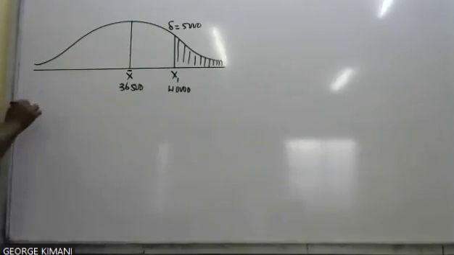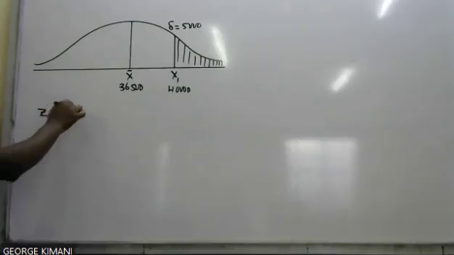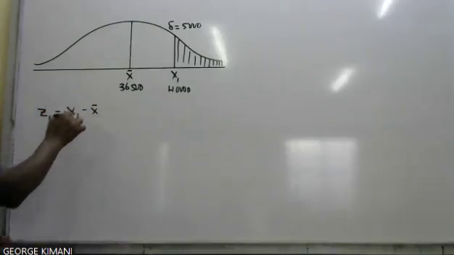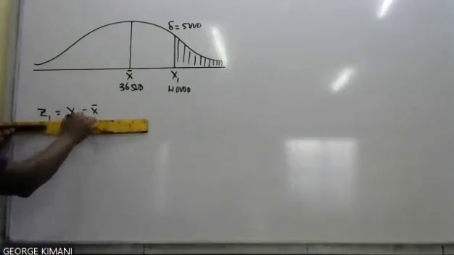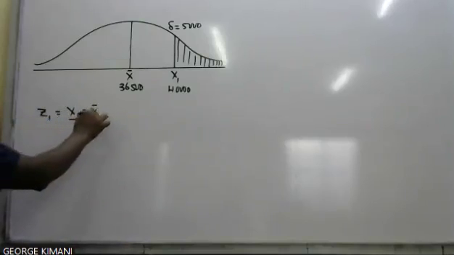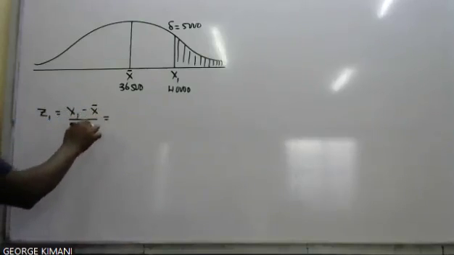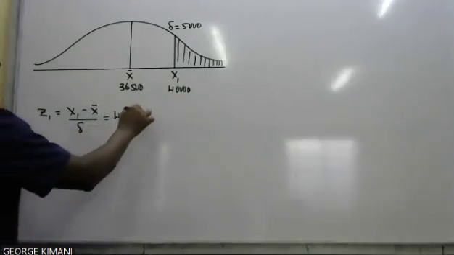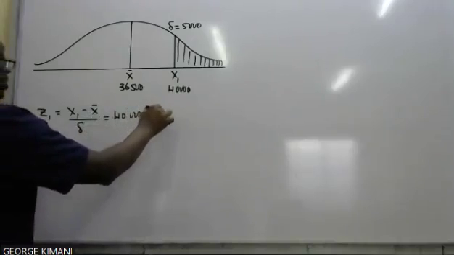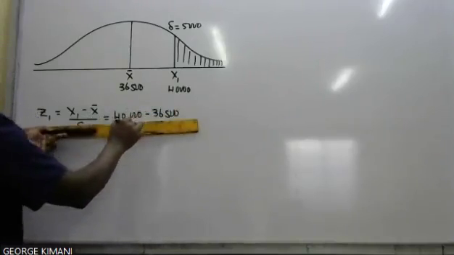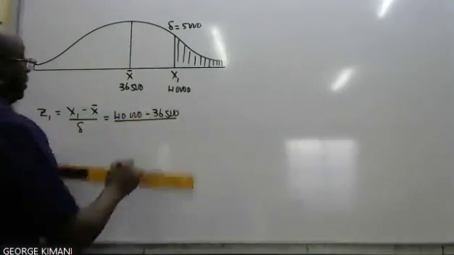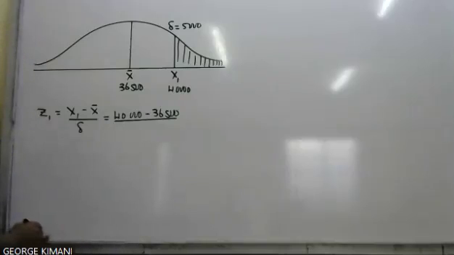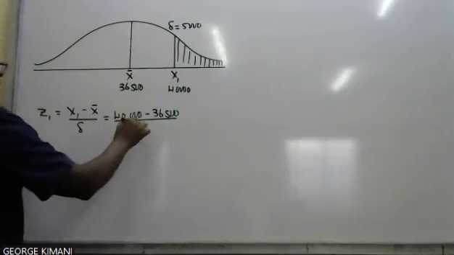And it will then follow that Z1 will be equal to X1 minus X bar, you divide by standard deviation. And this gives us 40,000 minus 36,500. You divide by the standard deviation of 5,000.